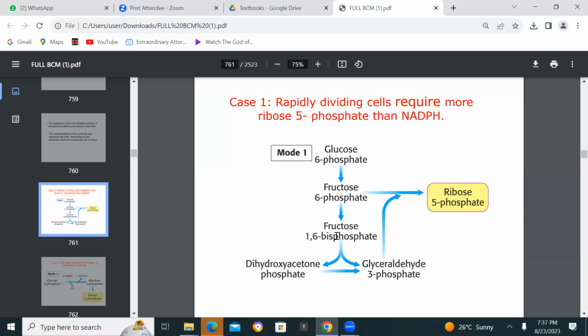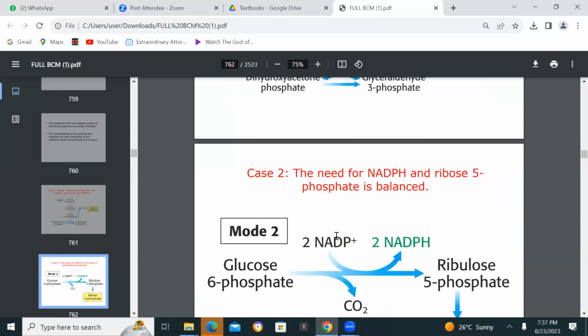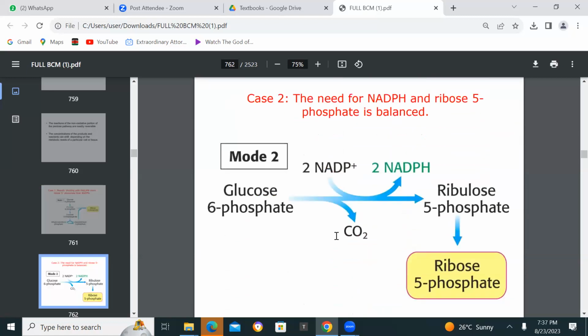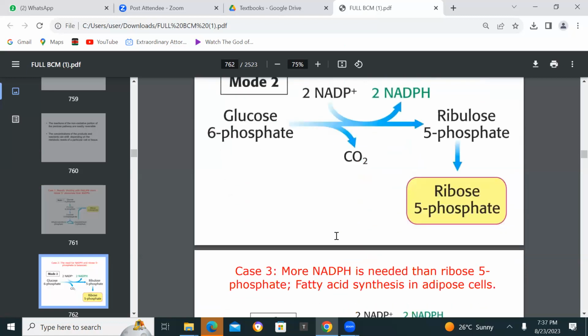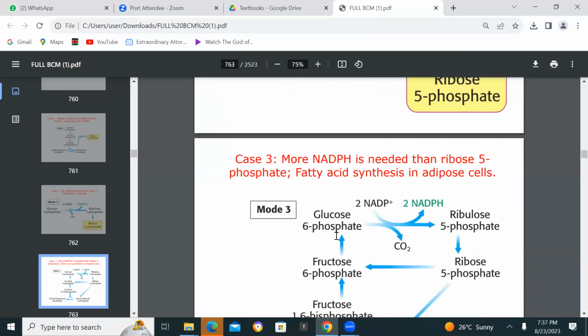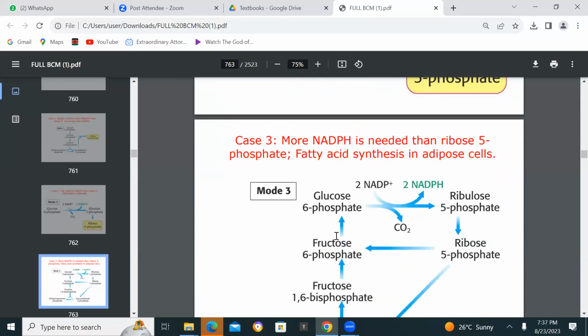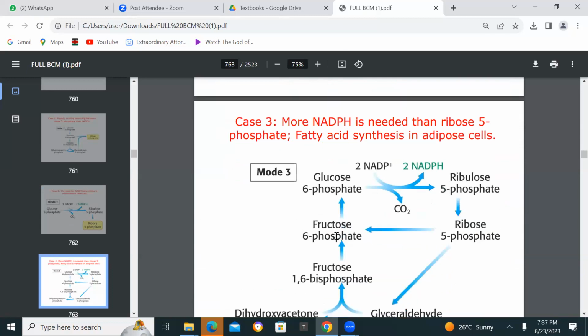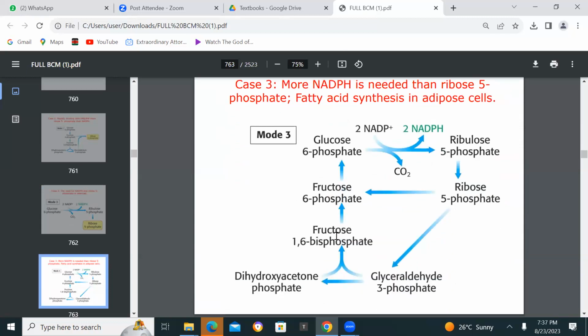Then it will be driven towards producing more ribose 5-phosphate. If the cell is producing a lot of reactive oxygen species, then you need more of the NADPH to cater for all that, so you'd produce more of that.